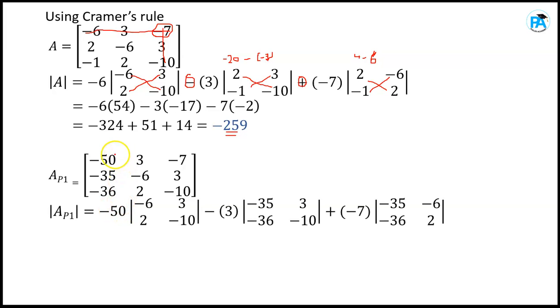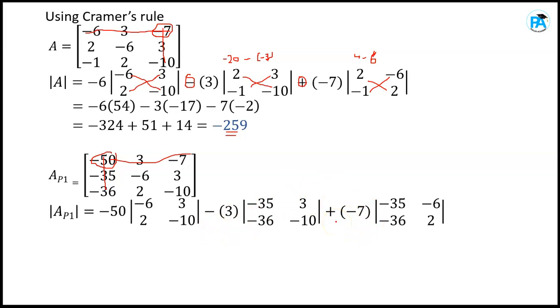So to get the determinant of this, what do we do? We take the first value, which is negative 50, cancel out the values on its line, to get its minor. So you find the determinant of its minor. Okay, so next 6 to 3 next 10. So you do same for others. So minus, you know, minus comes before plus. Don't forget that, minus before plus.